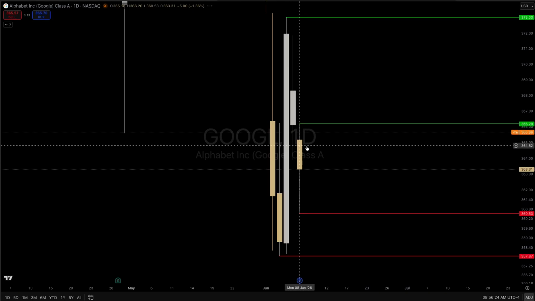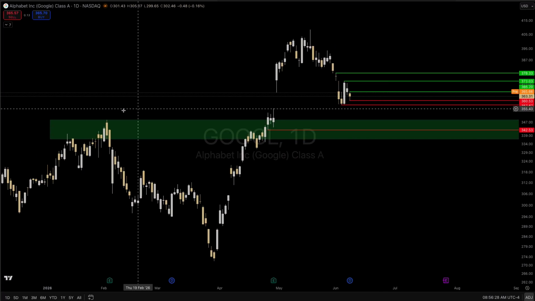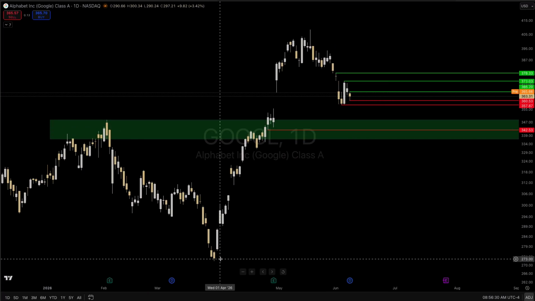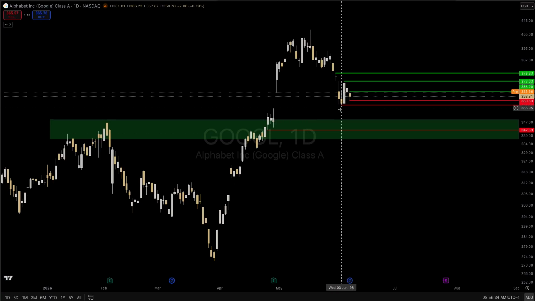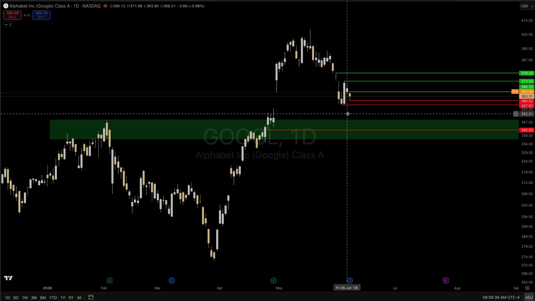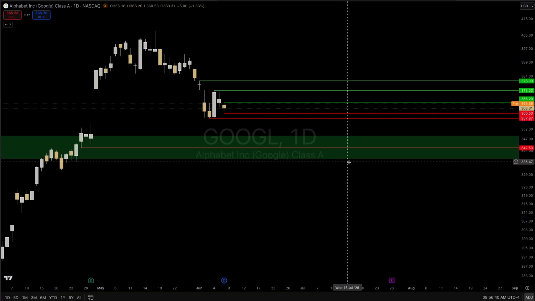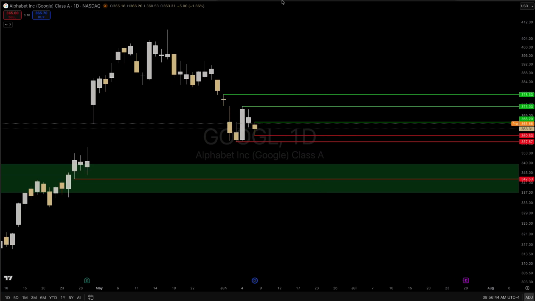But I'm more bullish on Google because if you see here, this was the swing high we made. Now this is the swing low. Again we are making this swing high, right? So this can be the higher low we are making here on the daily chart. So we can see Google can move towards the upside.